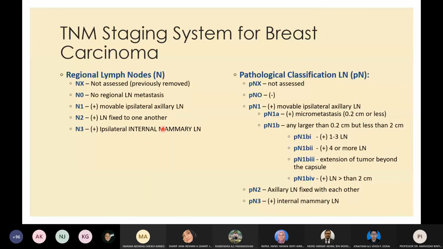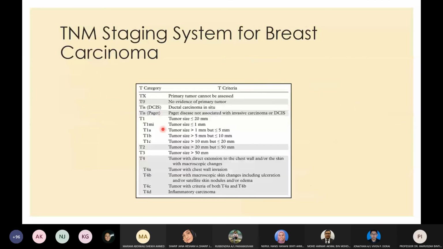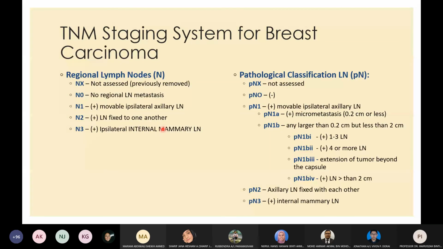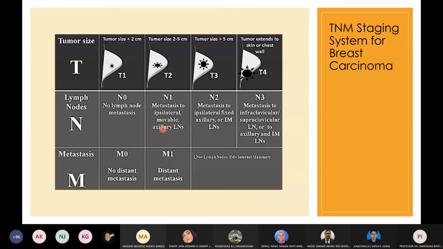Right? All this staging, this one you learn more in clinical years. TNM staging, where T represents tumor, so those are the details. And then lymph node. M is metastasis, right? So basically, this actually summarizes the earlier slides.